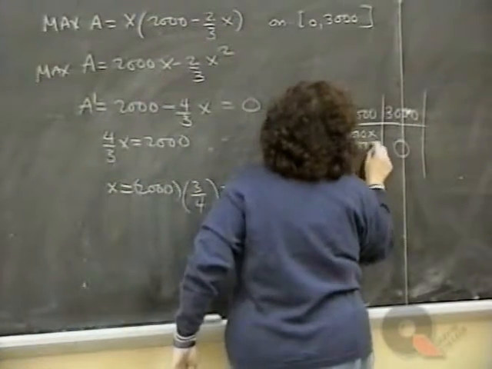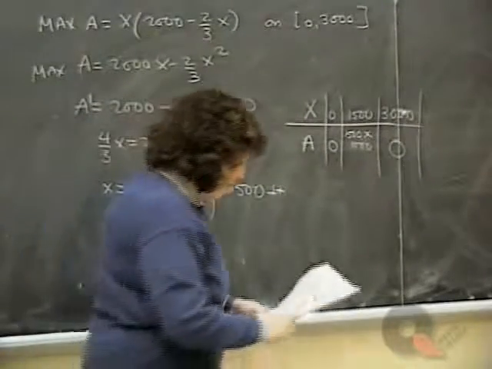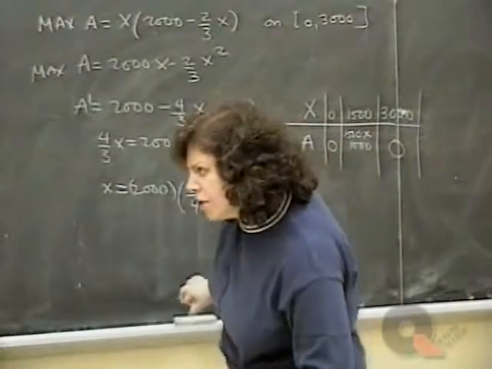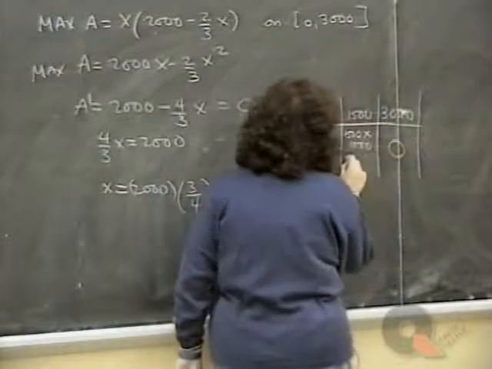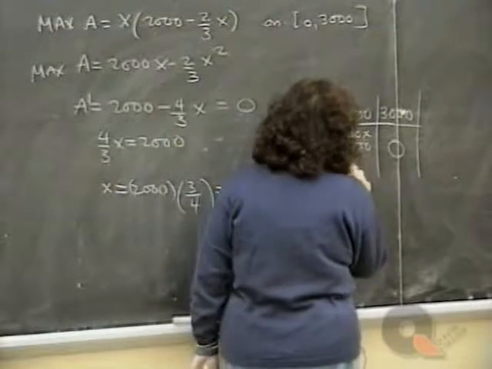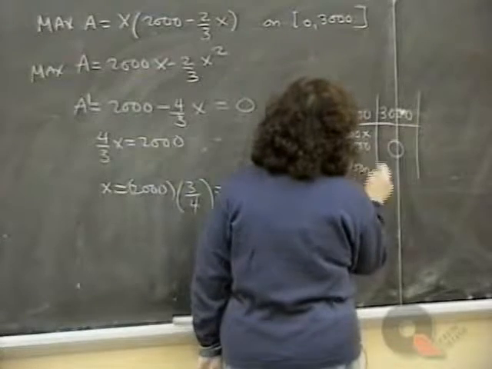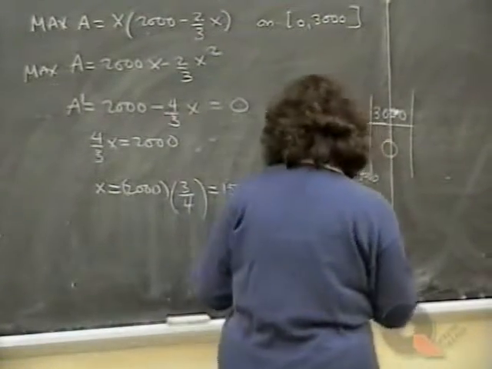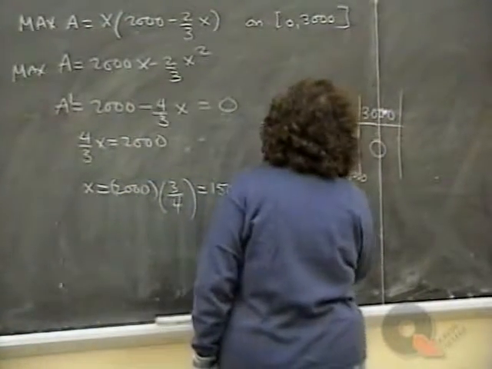So 1,500 times 1,000 for an answer of, they ask for the actual greatest area. They ask for the dimensions, but we have this, we may as well give it. 1,500 times 1,000, or 1,500,000 square feet.